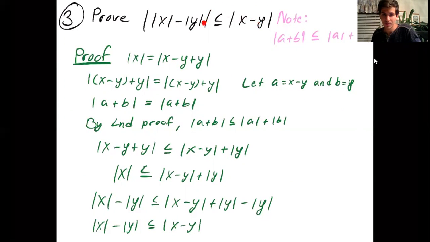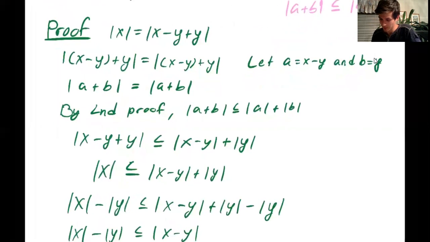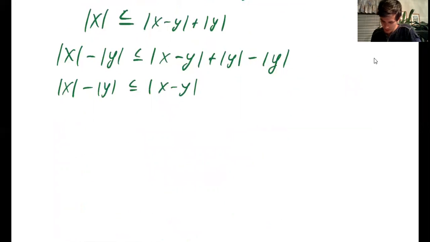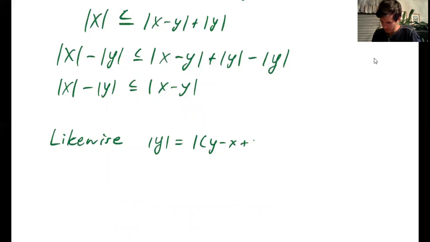The only thing we're missing here is these other absolute value symbols. And how we're going to do that is we're just going to go with likewise here. In the same way, we're going to do the exact same thing on the opposite side. So likewise, the absolute value of y is equal to y minus x plus x.